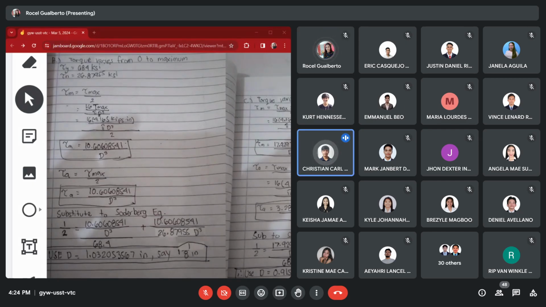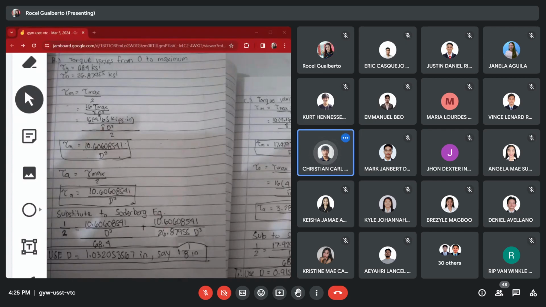Sabi po ang ano po ay torque varies from 0 to maximum. Ang nakuha po nung una po ay na para po sa tau Y ay 68.4 KSI, para po sa tau N ay 26.87955 KSI. Para po dun sa tau M po ay equal po siya sa tau max over 2.